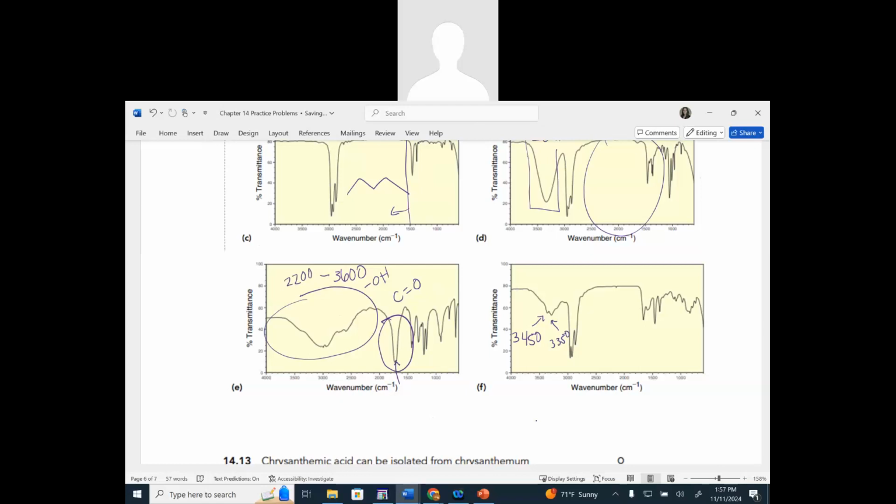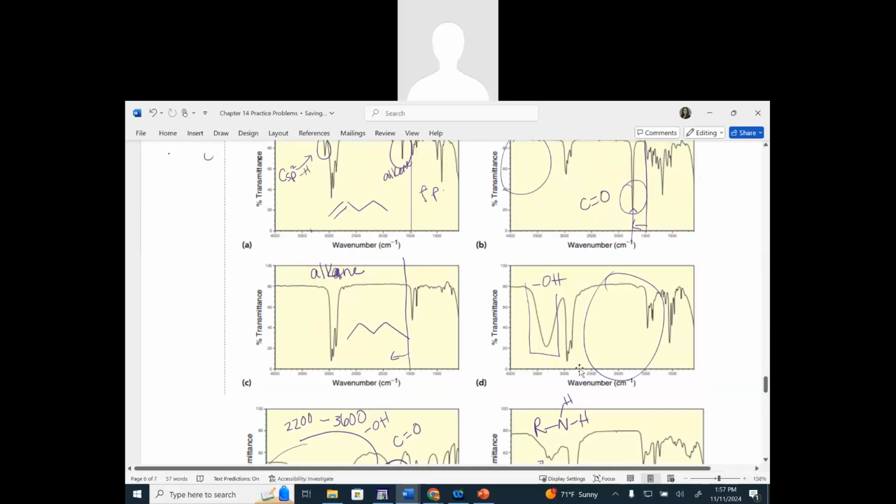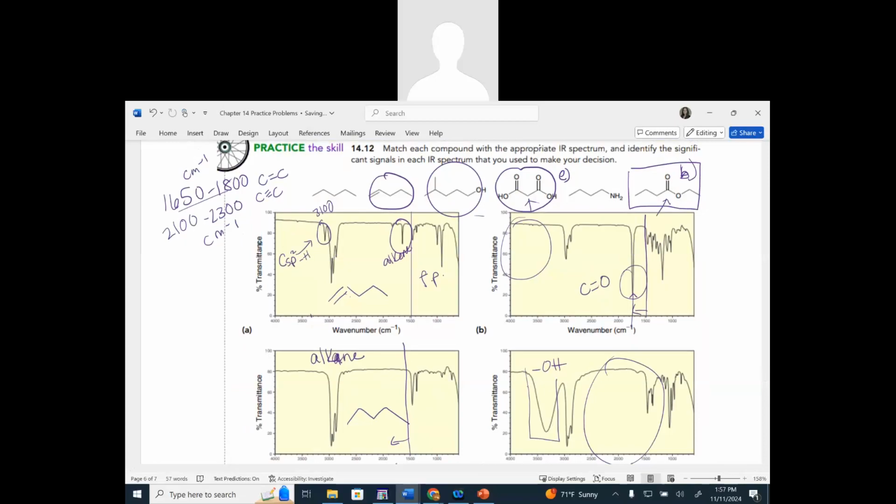So if you recall, this could be due to the symmetric and asymmetric stretching of an NH bond. And a primary amine would give us this type of stretch. So we have an amine that's bonded to one R group. So the only structure that would be capable of producing spectrum F would be this right here.